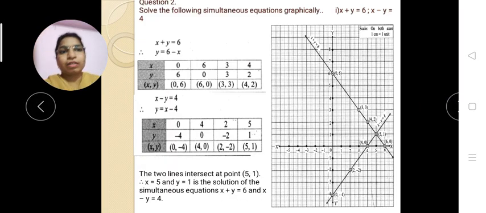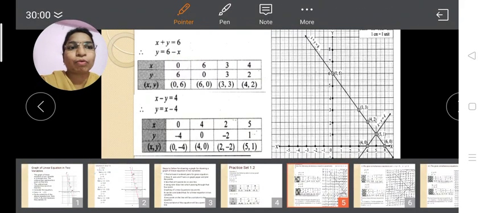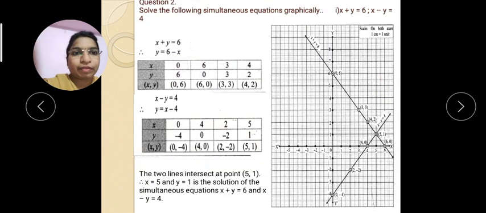In yesterday's session, I explained how linear equations are represented graphically. The steps I also explained. Take one equation from the given pair. Isolate that equation. After isolating, find four pairs of coordinates.